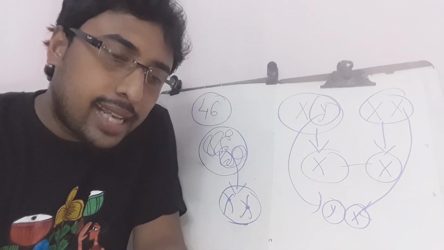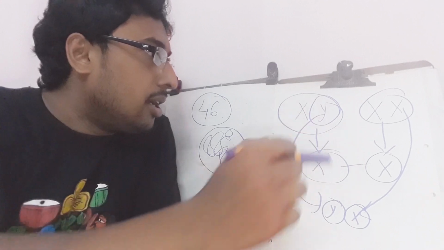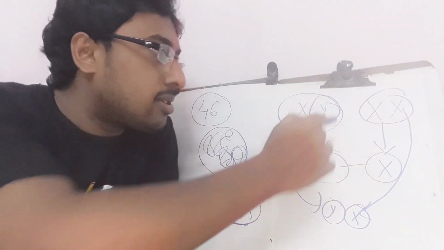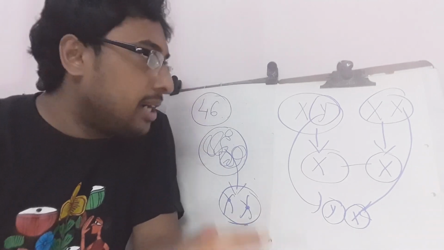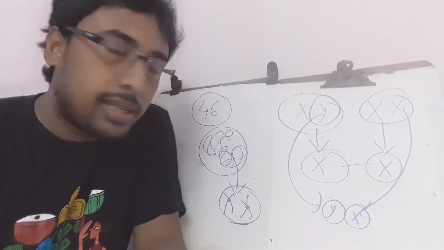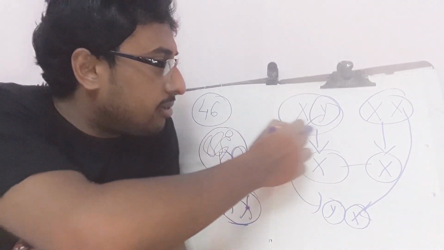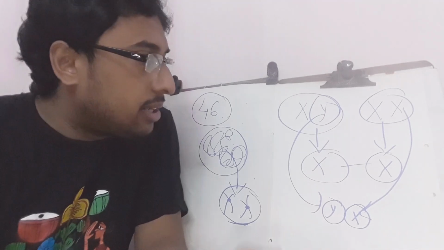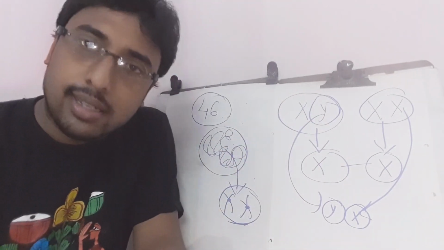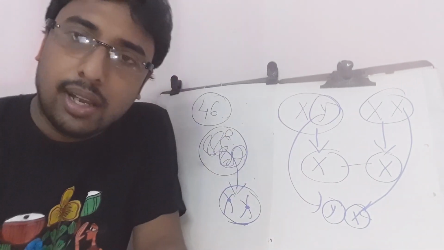So the sex determining factor ultimately depends on the father, because in the mother both sex chromosomes are X, but in the father one is X and the other is Y. If the father gives X, there will be a daughter. If the father gives Y, there will be a son.